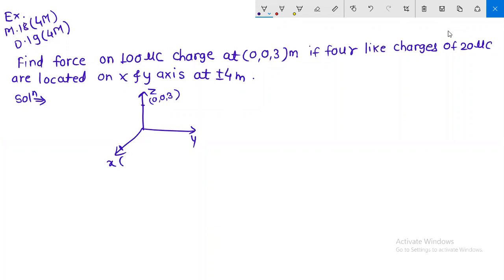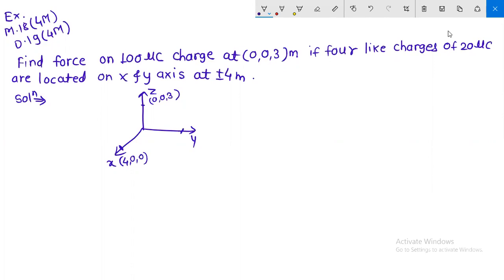So on x, what will be the coordinates of the point here? 4, 0, 0, because on only x axis there will be only x coordinate and y and z are 0. Similarly, the second charge is located on y axis at distance of 4 meter.